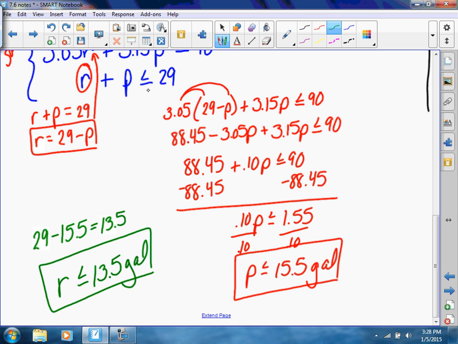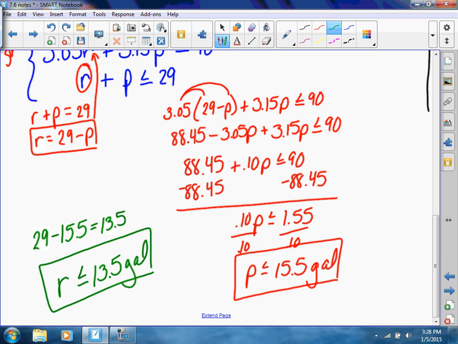That's my max. I have to stay below the 29 gallons. Okay? So I'm going to stay below 13.5 and below 15.5. So I could buy any combination as long as I don't go over 15.5 gallons of the premium and I don't go over 13.5 gallons of the regular.